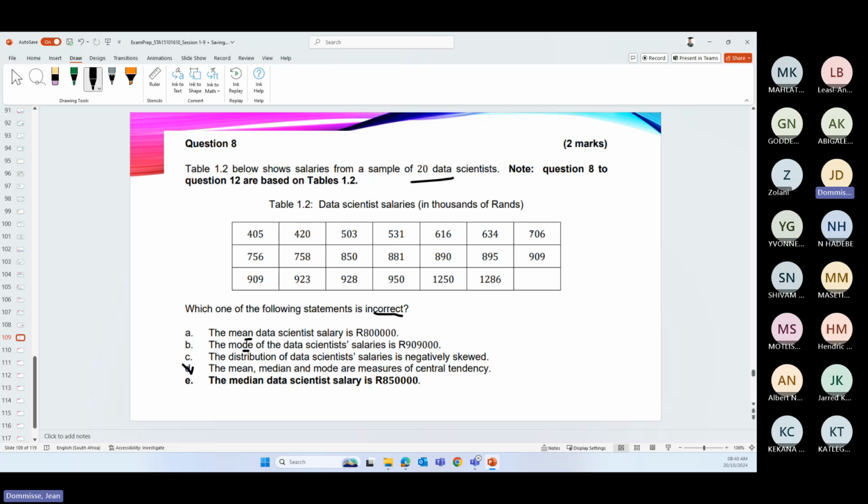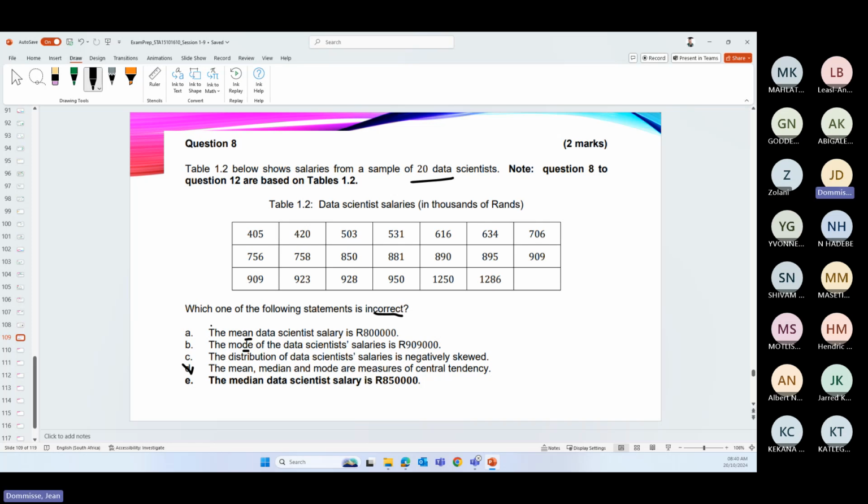Let's quickly see if this data is sorted or not. Before we even go and plot it in Excel to work things out, 405, so we can see this data is already sorted. So it might mean that we don't need to go, even if we need to work out the average.